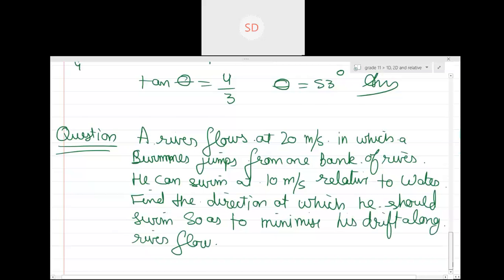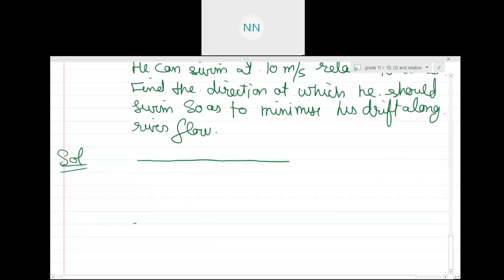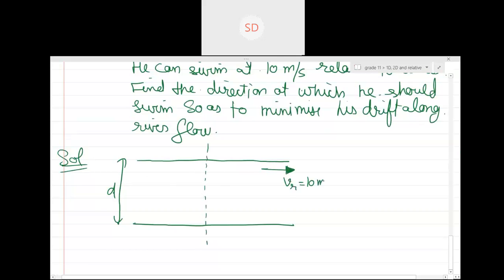So basically the question is something like this. Suppose this is the river. Let's say the width is D. Now, basically if this was the flow of the river, the river's velocity is given 10 meter per second, or 20?